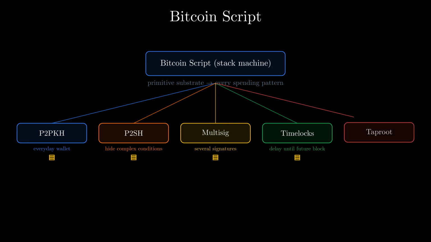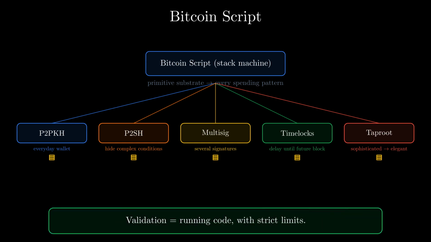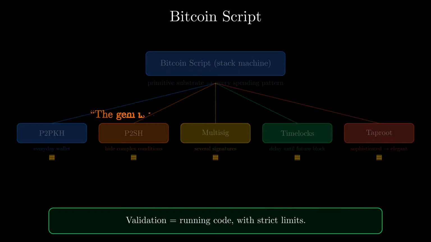And ultimately Taproot, which compresses sophisticated contracts into elegant single signature outputs. All of it composes from the same handful of stack operations we just walked through. Bitcoin doesn't validate transactions by checking patterns, it validates by running code. And the genius is in how little that code is allowed to do.